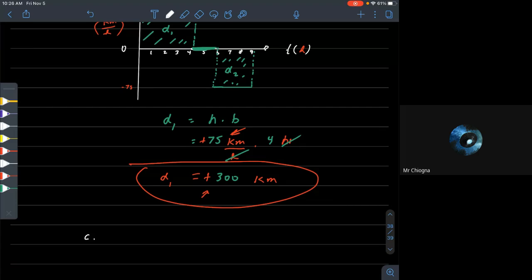Okay, so in C, they're asking you how to use the graph to find the distance from the starting point.